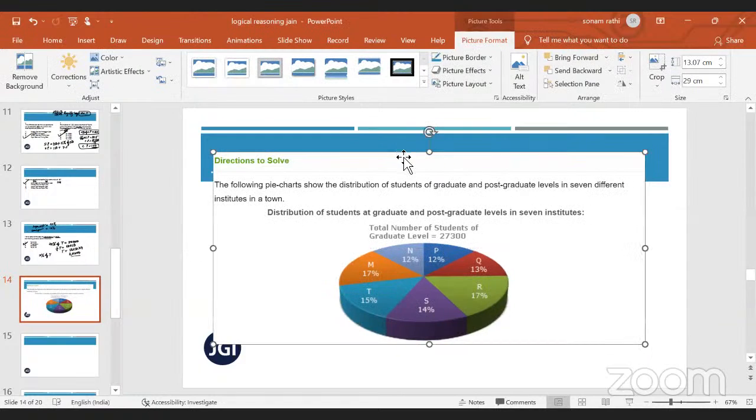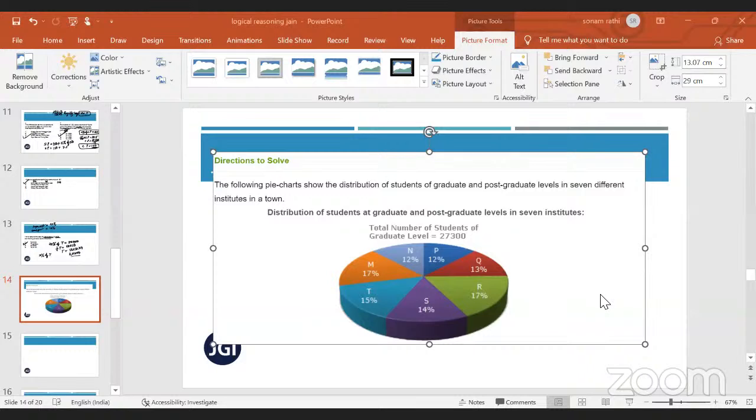Okay, everyone please take the data, note down the data. The following pie chart shows the distribution of students at graduate and postgraduate level in 7 different institutes in a town.